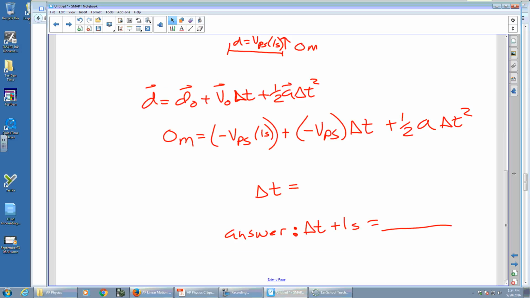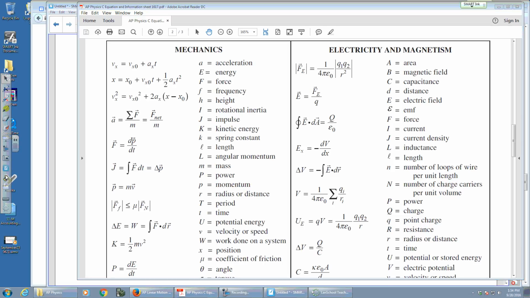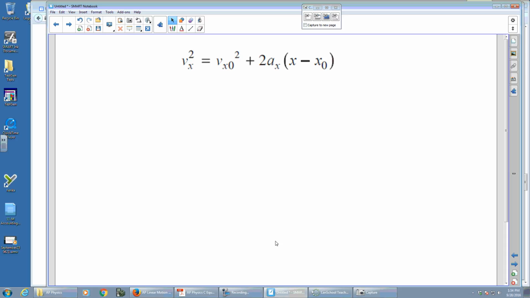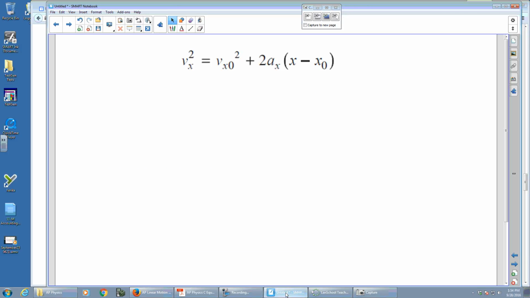This time I'm going to use this friendly little equation, because they're talking about the distance that the person can move through. And again, of course, they nicely give it to me in kilometers per hour, so seeing if I can convert.